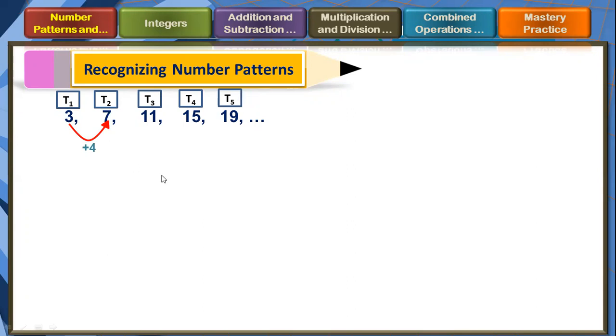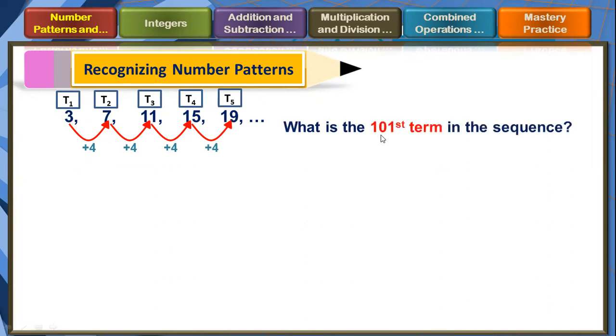So there's a pattern being formed here. 3 going to 7 is plus 4, 7 going to 11 is plus 4, 11 going to 15 is plus 4, and 15 going to 19 is plus 4. So what is the 101st term in the sequence?